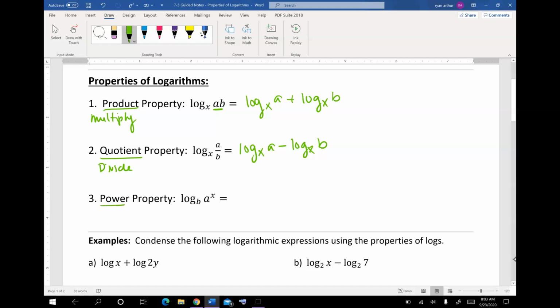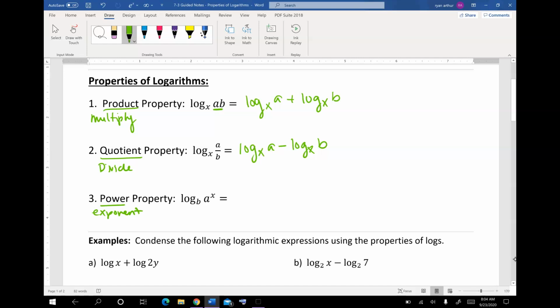So that's how I correlate those together. Now the power property, power means exponent. These aren't the technical definitions. This is just how I'm trying to get you to understand it. I told you guys in a previous video that a log and an exponent cancel each other out because they're inverses of each other. And we've already learned that inverses cancel each other out.